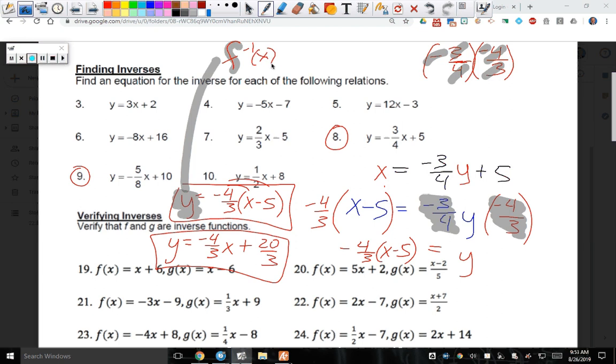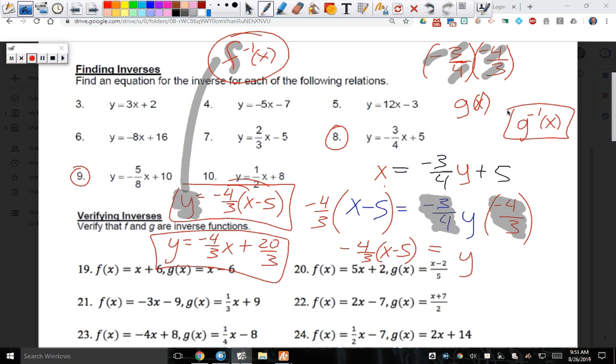You don't have to. If they give it to you in y, give it back to them in y. But if they give it to you in f of x, you need to give it back to me like this. If they give it to you as g of x, you need to give it back to me as this. Go with me? Because you're showing me the inverse function of that specific machine's name.